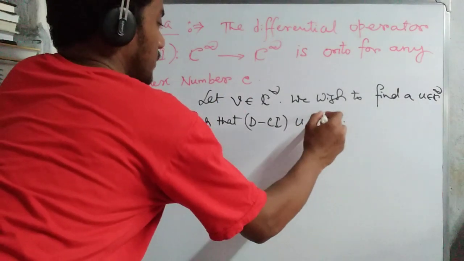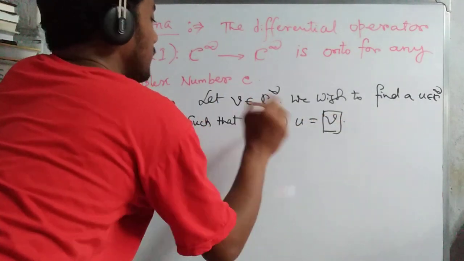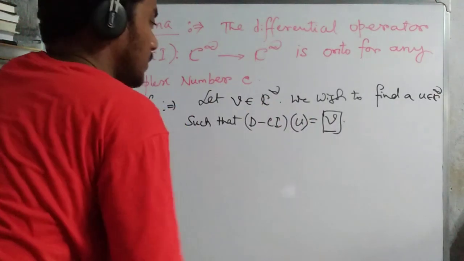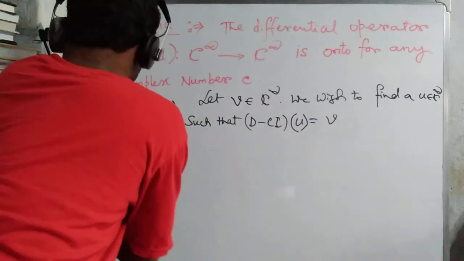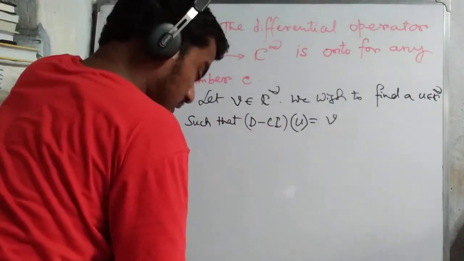That means for every v we get some u. So we take v belonging to C infinity.